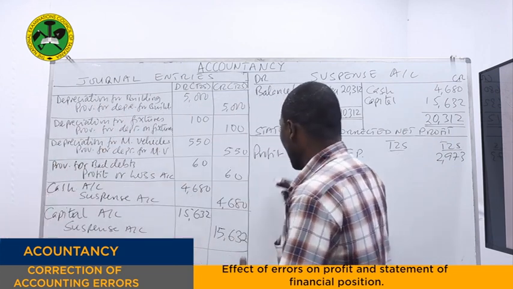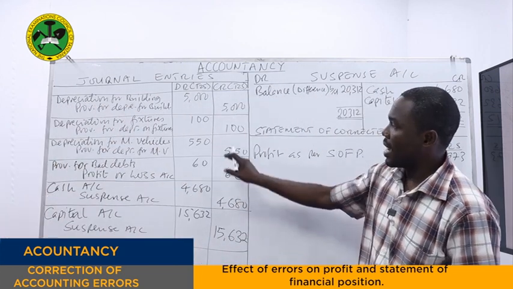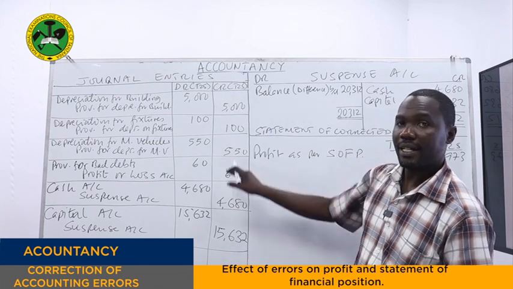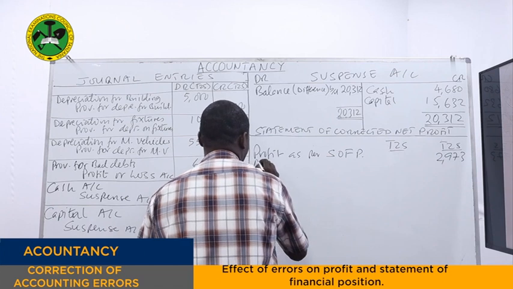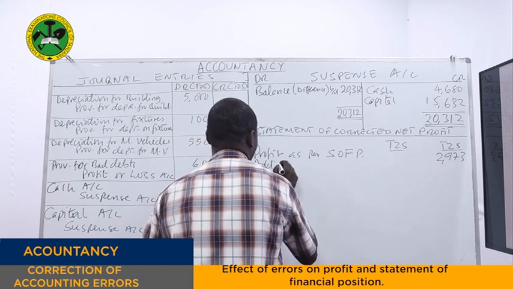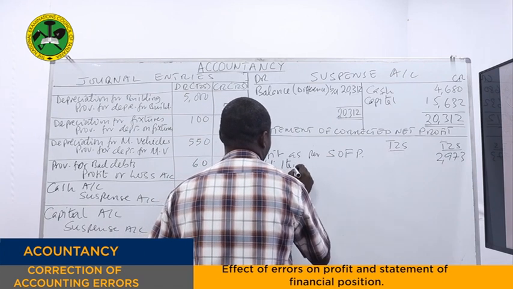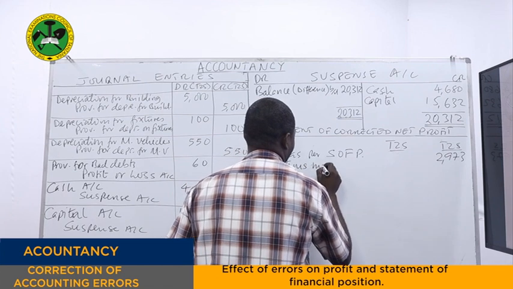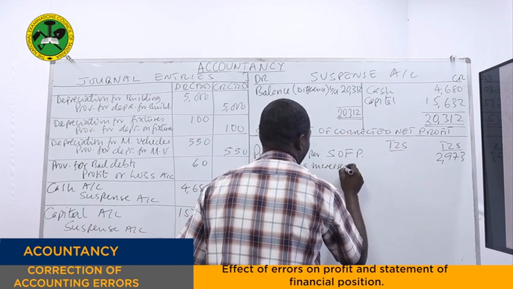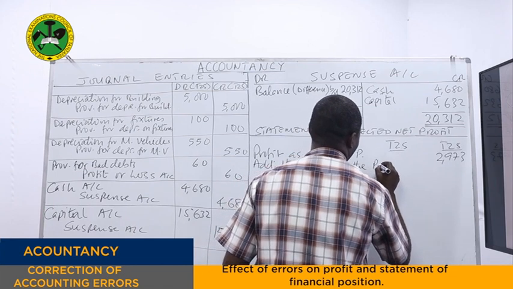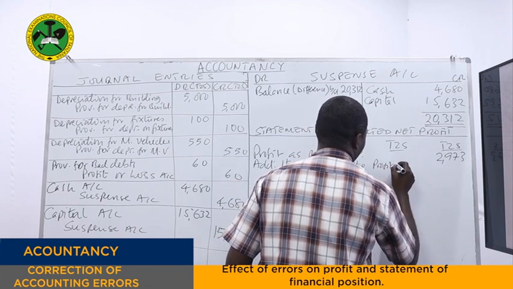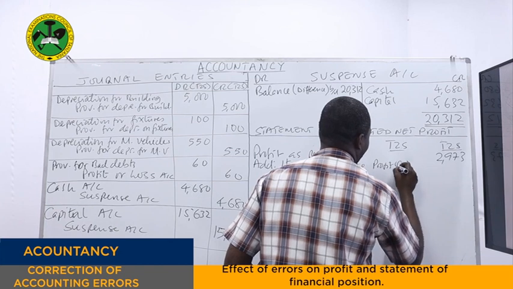So we add items that increase the net profit from our journal. That normally are credit entries.